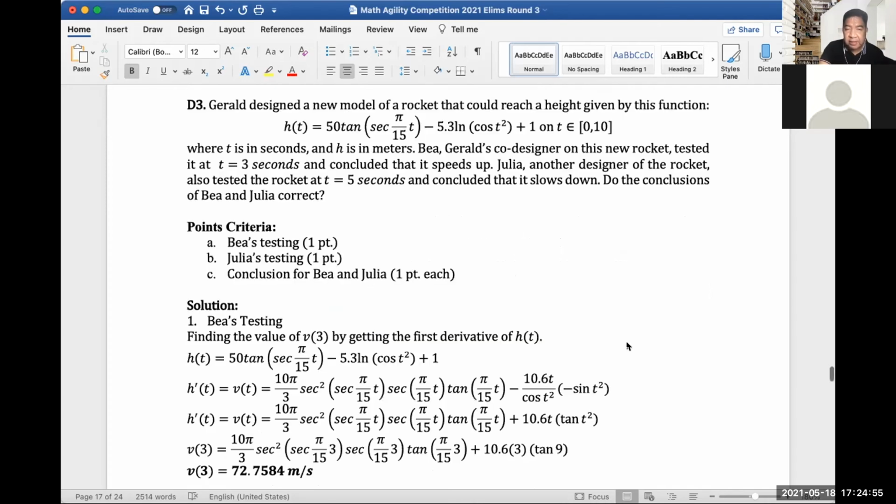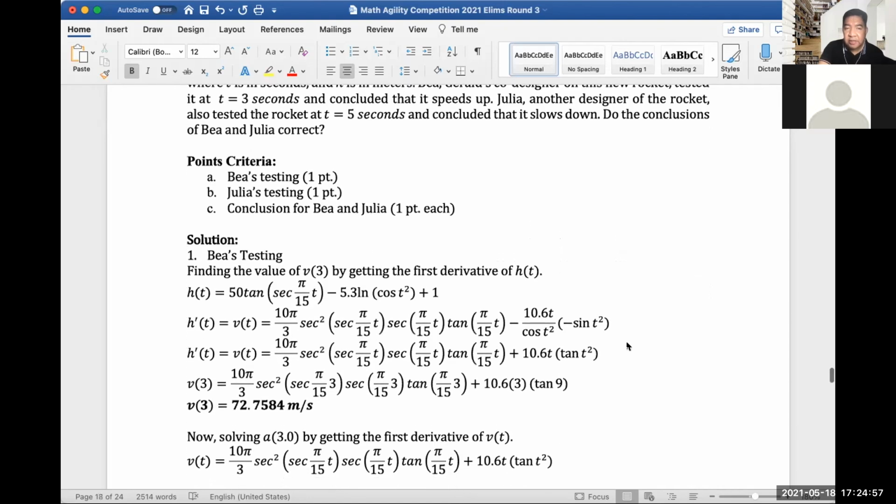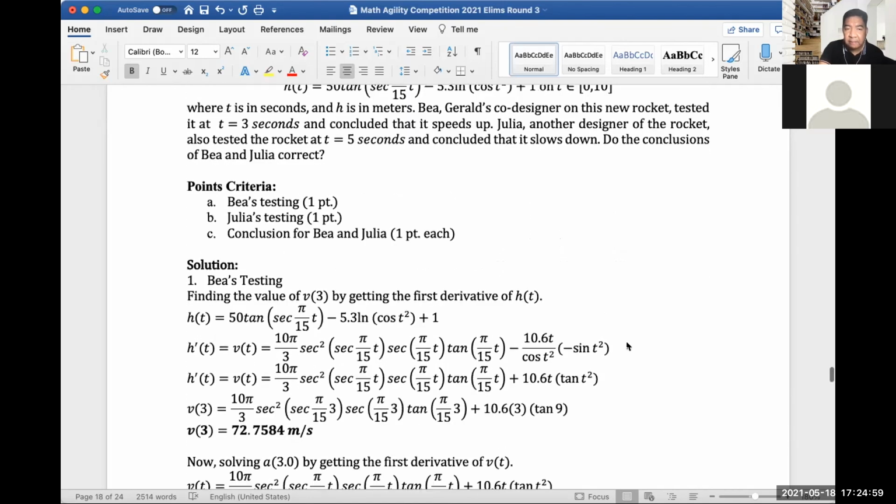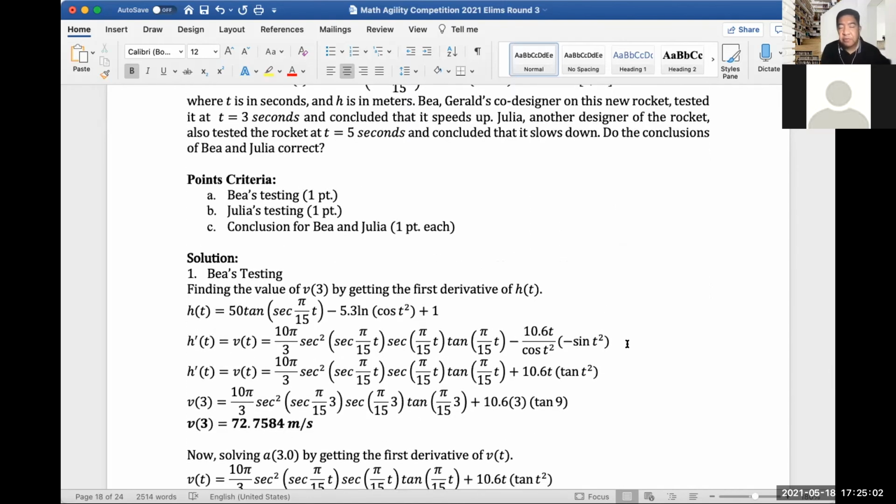So Bea's testing is at t equal to 3 seconds. We have h of t. To solve for the velocity, just take the derivative of h of t, right? The derivative of h of t is equal to v of t, and this is the answer, that long trigonometric function there.